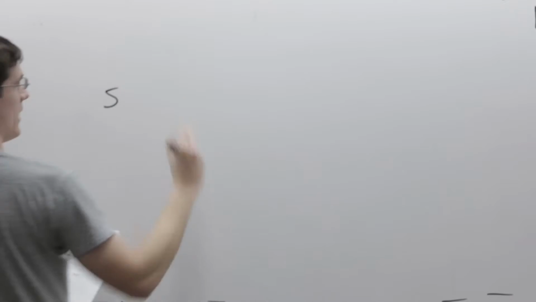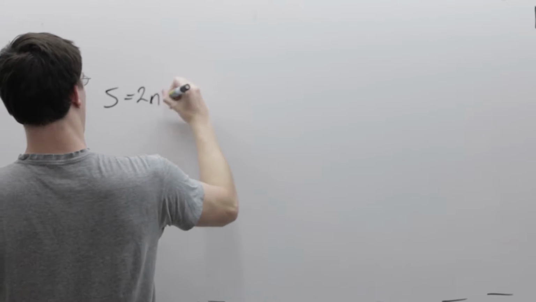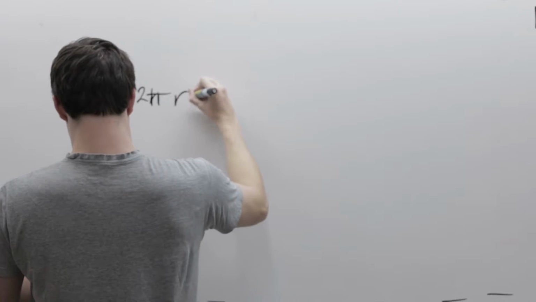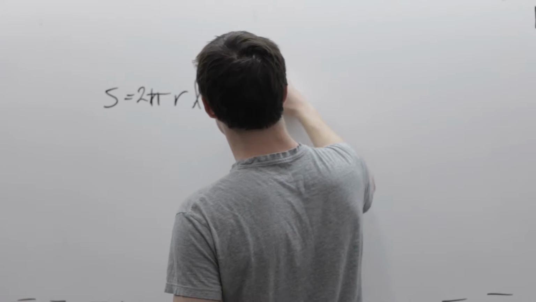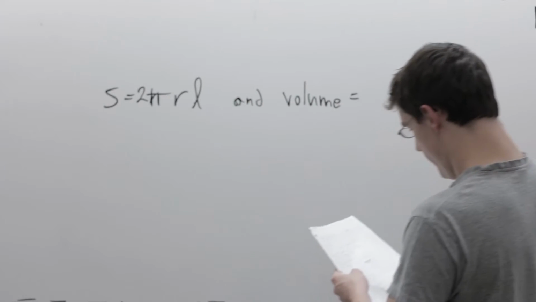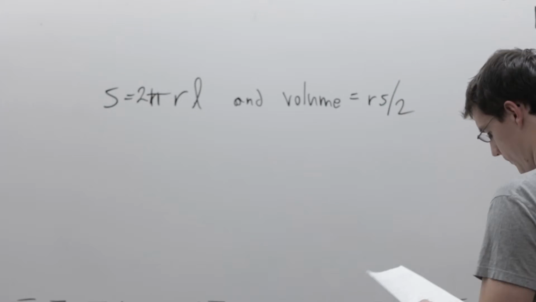S, which we're now keeping constant instead of L, equals 2 pi R L, and volume equals R S over 2.